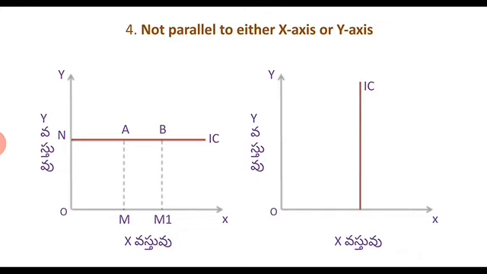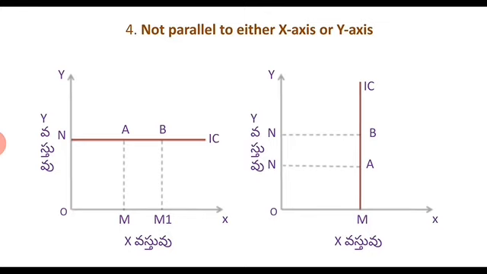In diagram B, the IC curve is parallel to the y-axis. At combination A, X good is OM and Y good is ON, and at combination B, X good is OM and Y good is ON1.